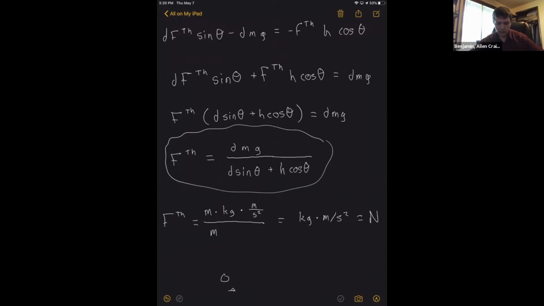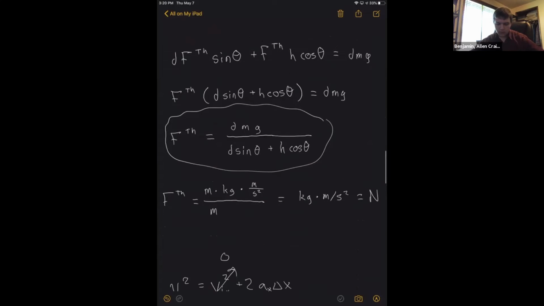We came up with this equation, which relates the thrust force to the distance from the cliff, the mass of the rocket, gravity, and the angle of the thrust force.